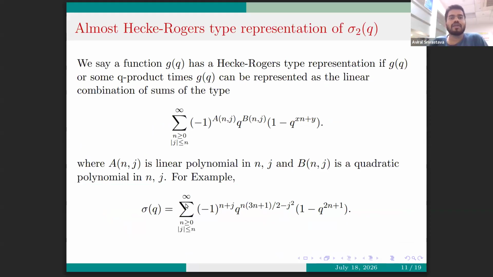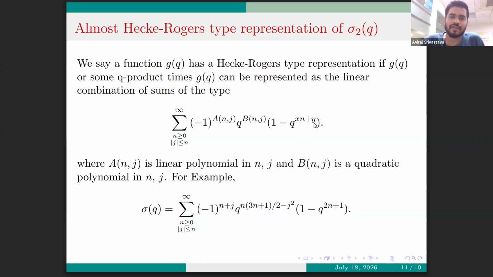Now, let me tell the Hecke-Rogers type representation of sigma 2. Say you have a function G, and when I say the Hecke-Rogers representation of a function G, it means a representation like this, where a(n,j) is a linear polynomial, b(n,j) is a quadratic polynomial, and then there is the product 1 minus q raised to xn plus y.